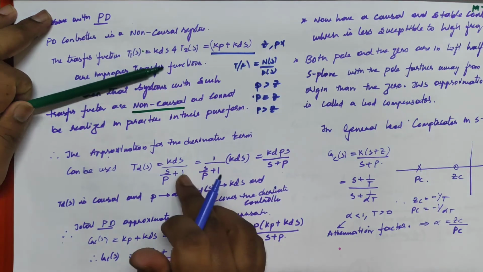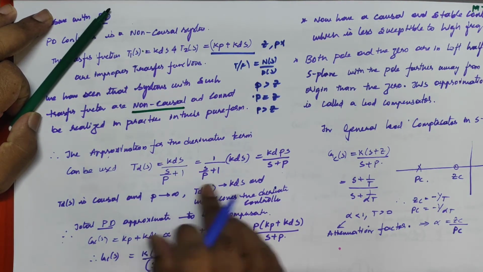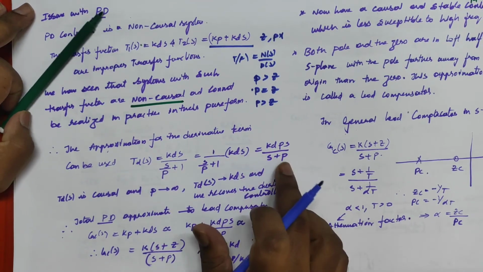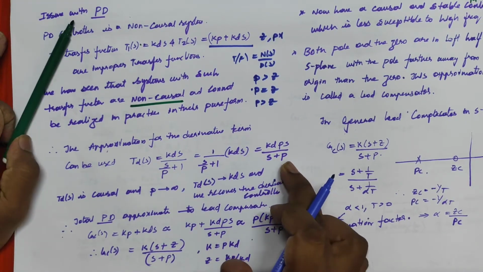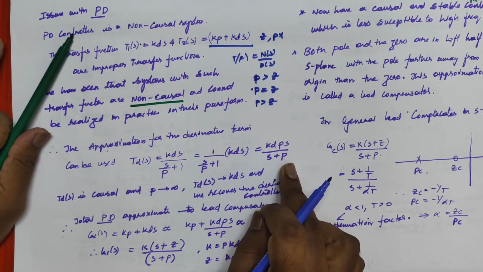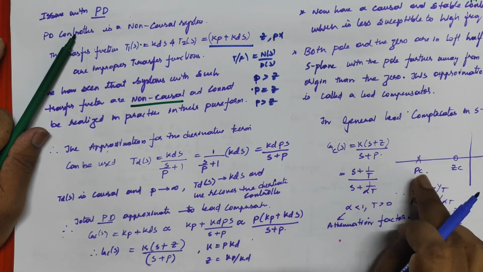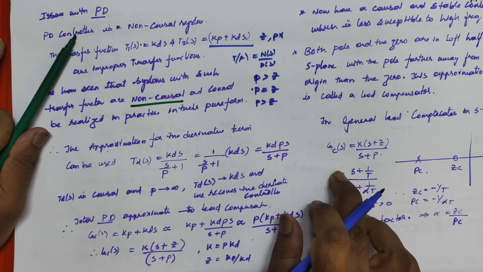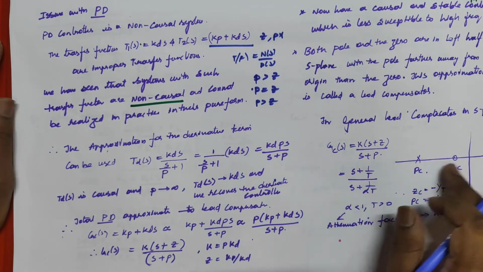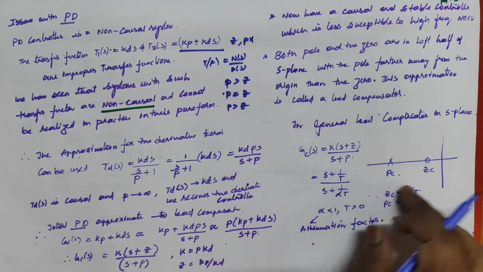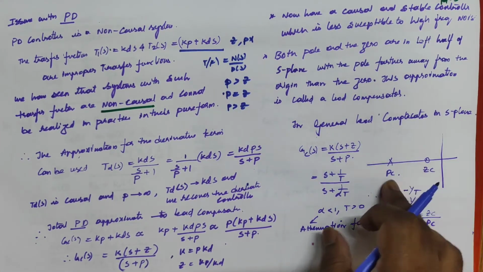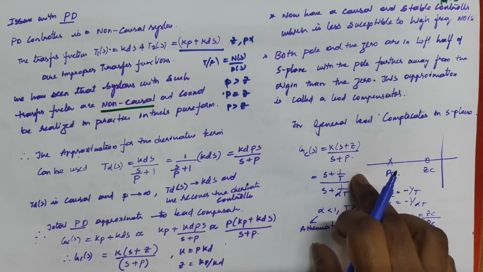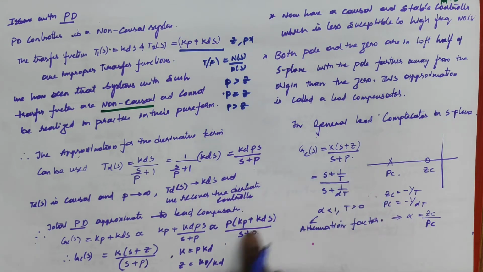To make it realizable, we incorporate a pole here with some approximation, that is, a pole which is far away from the origin. A pole far away from the origin has less impact on the system, so we are doing that.